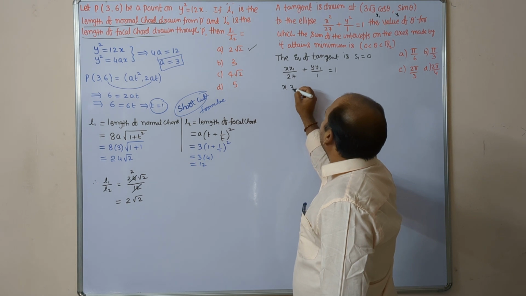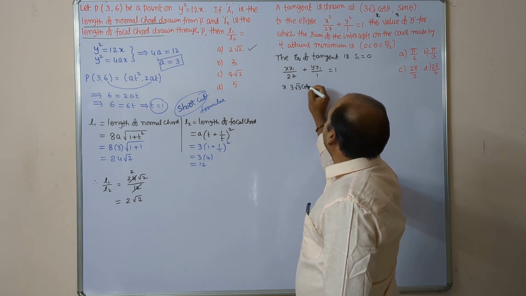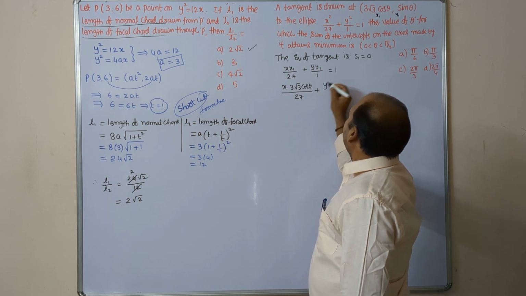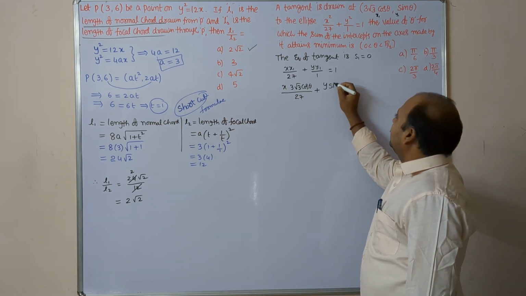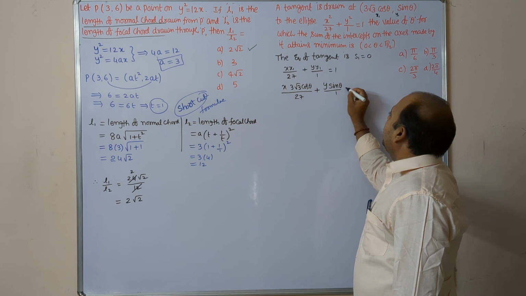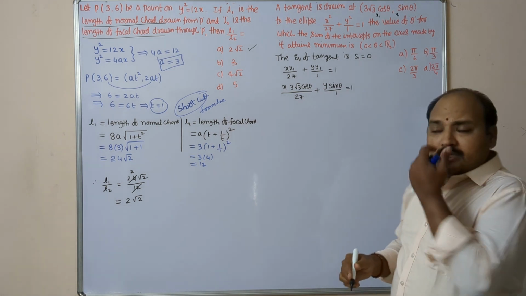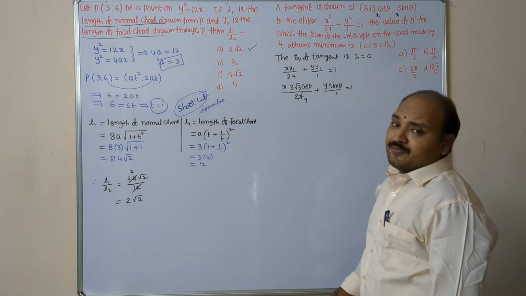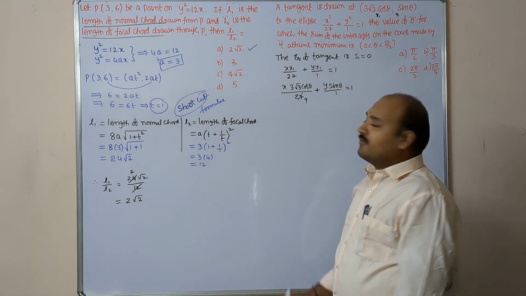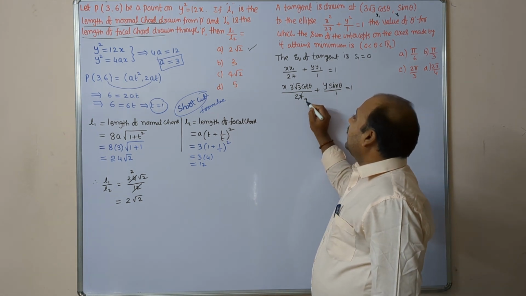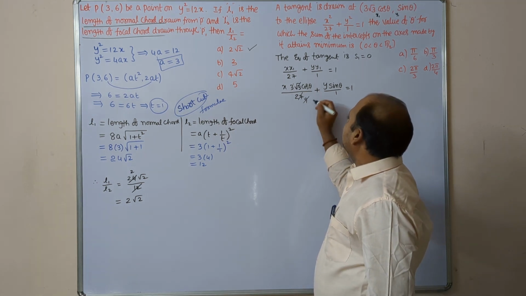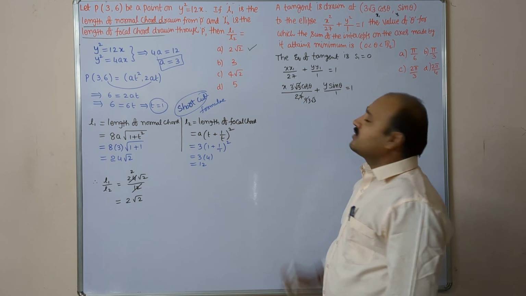So x into 3 root 3 cos theta divided by 27, plus y into the y1 value, sin theta, divided by 1 equal to 1. Here 3 ones, 3 nines will be cancelled. Even if you want to simplify, 9 can be written as 3 into root 3 into root 3. So one of the root 3 cancels, so 3 root 3 will come, dear students.